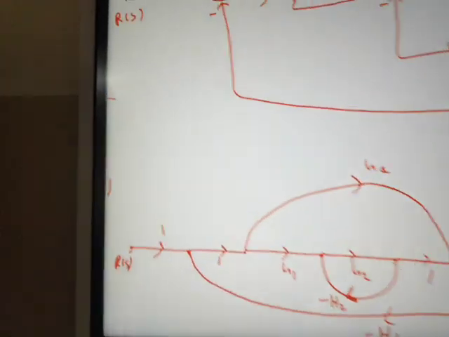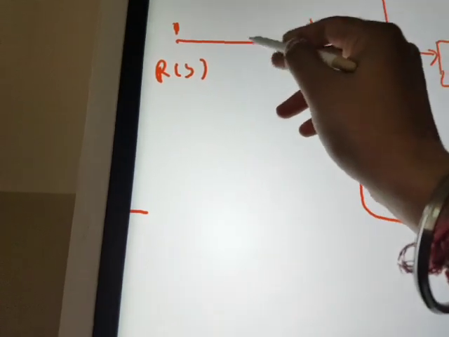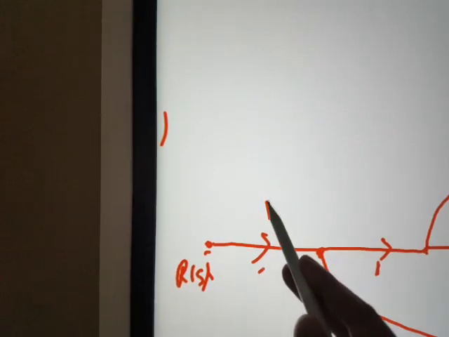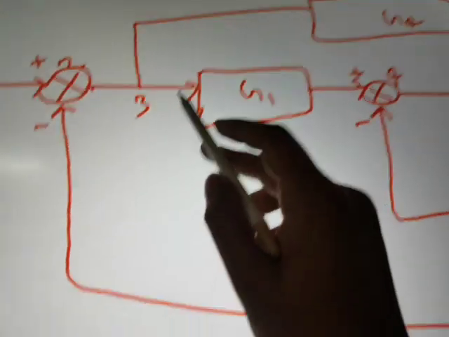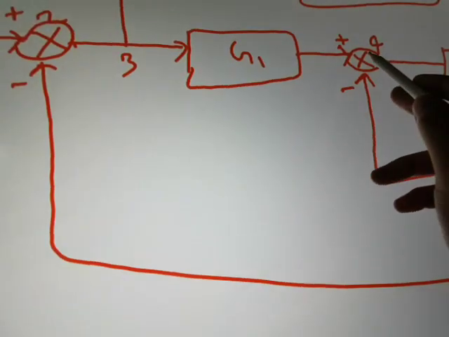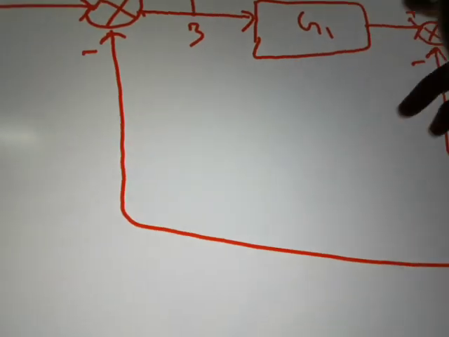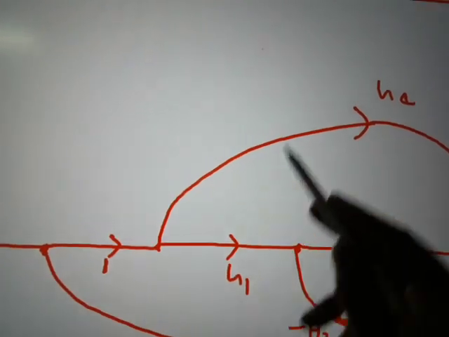Now from 1 to 2 nothing is given, so the gain will be 1. From 2 to 3 nothing is given, so the gain is 1. From node 3, one branch goes out with G4 and one goes with G1. G1 goes to node 4.